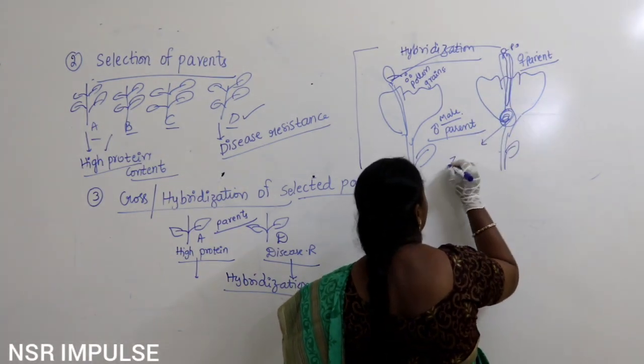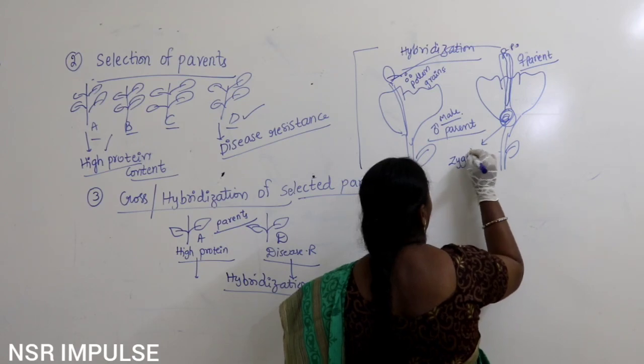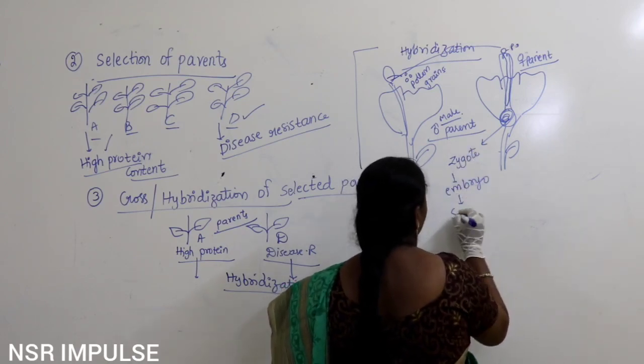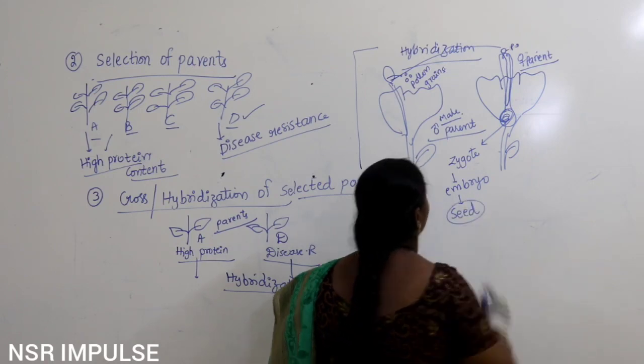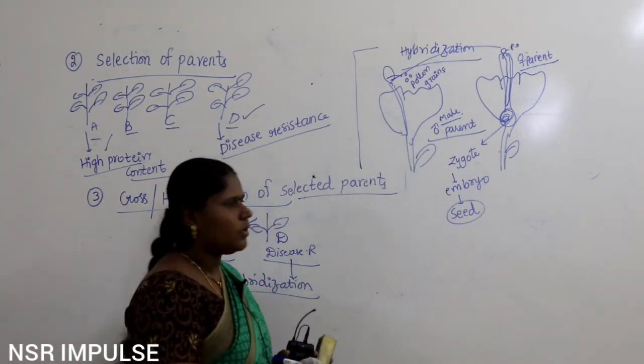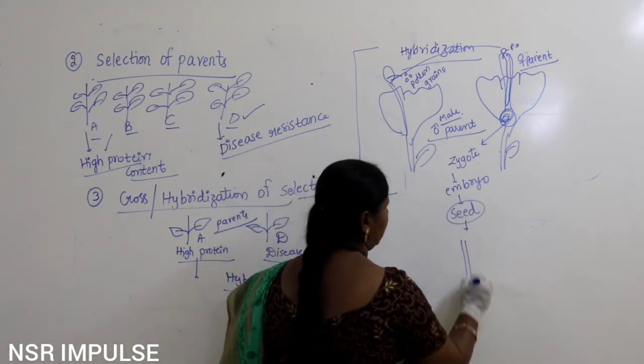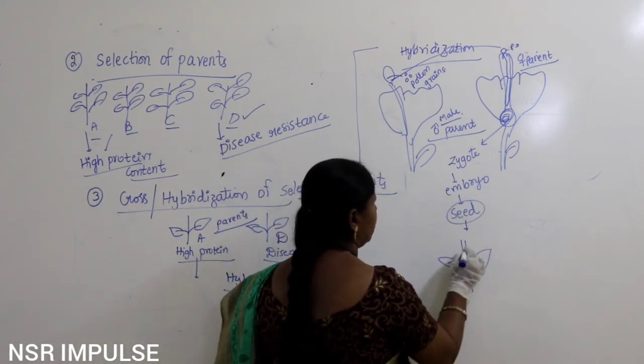As a result, a zygote is formed. The zygote develops into an embryo. The embryo develops into a seed. The seed gives rise to a plant having both characters.